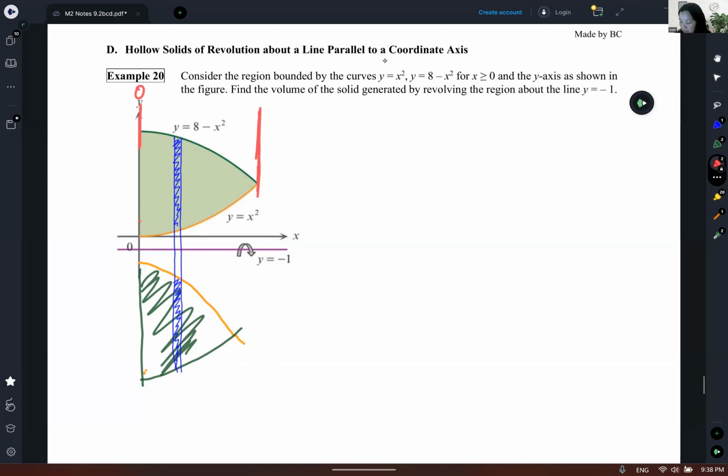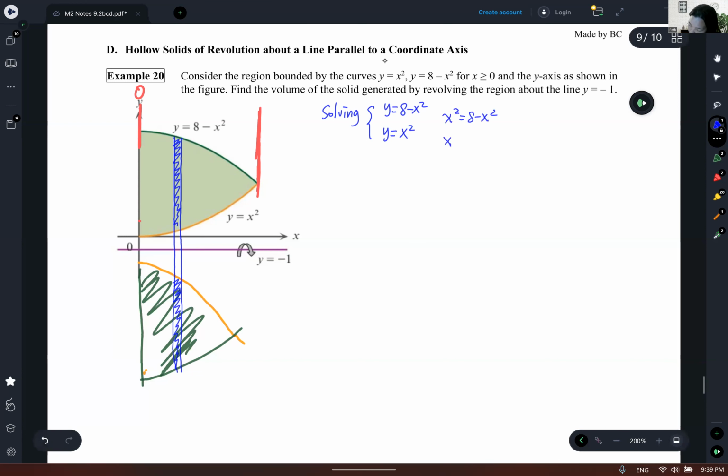That's it. So step 1, solving y equals 8 minus x squared and y equals x squared. I have x squared equals 8 minus x squared, so x squared equals 4, x equals 2 or negative 2.